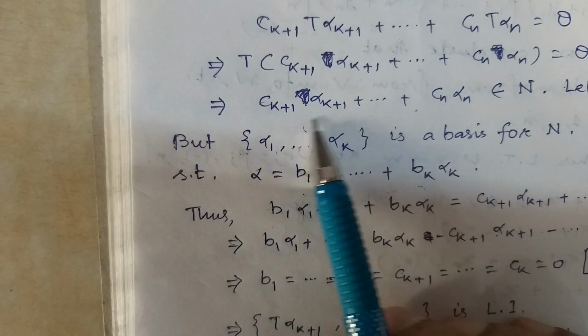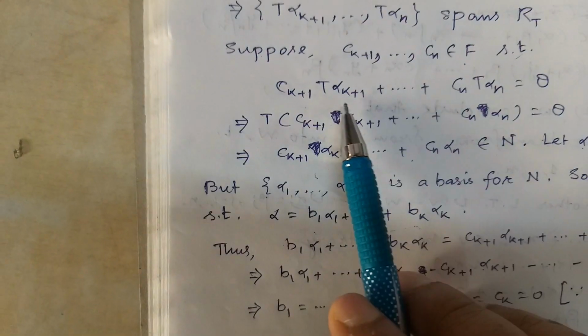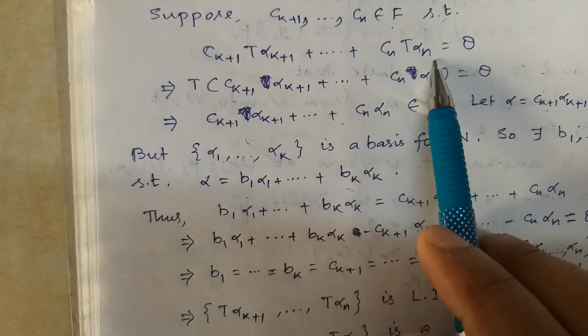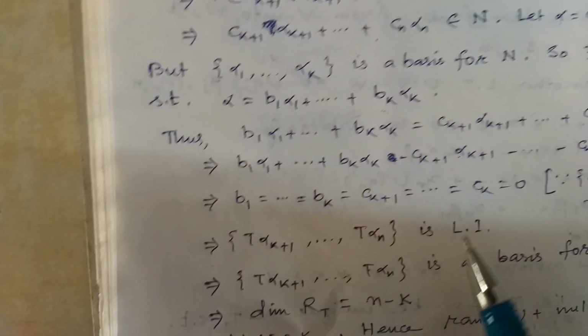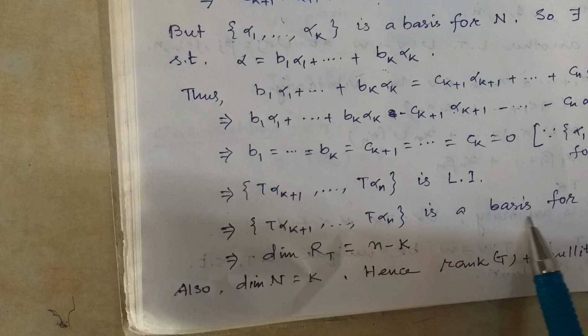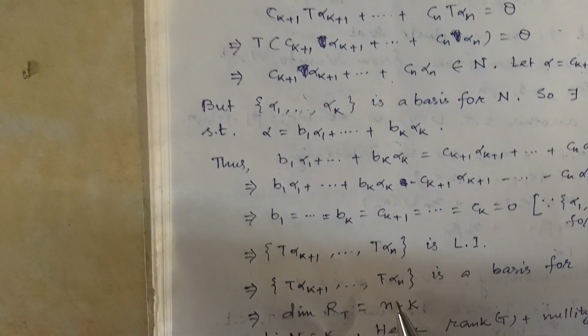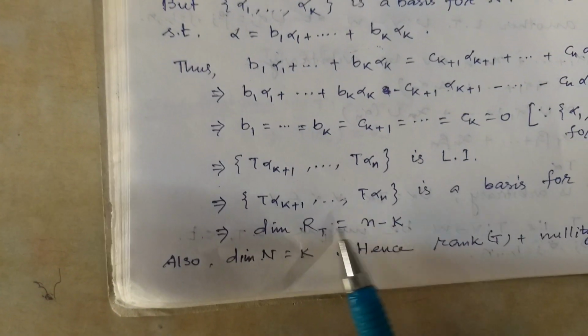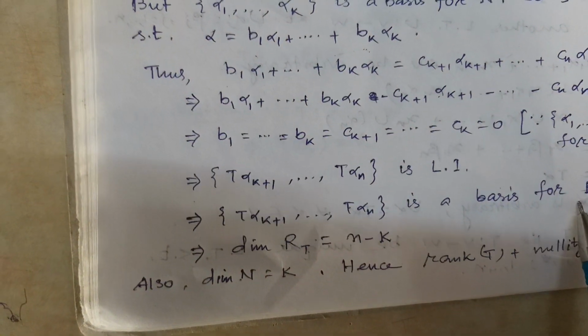So definitely from here we get that T alpha k plus 1, ..., T alpha n are linearly independent. These being linearly independent means this is a basis for R(T), because we have already proved that these elements span R(T). Now we have proved these are linearly independent, so this is a basis for R(T).